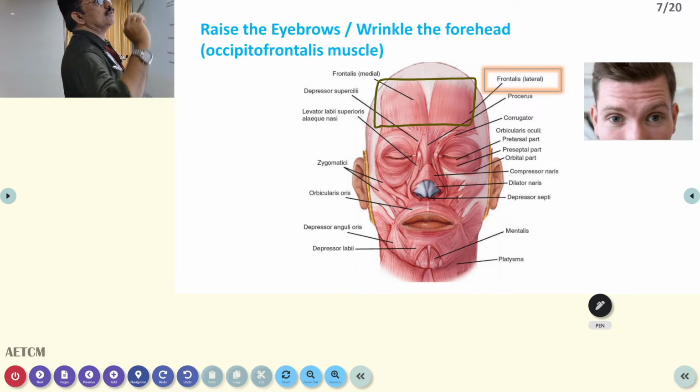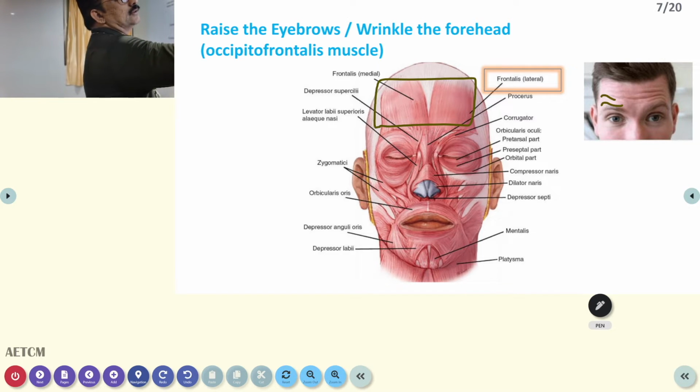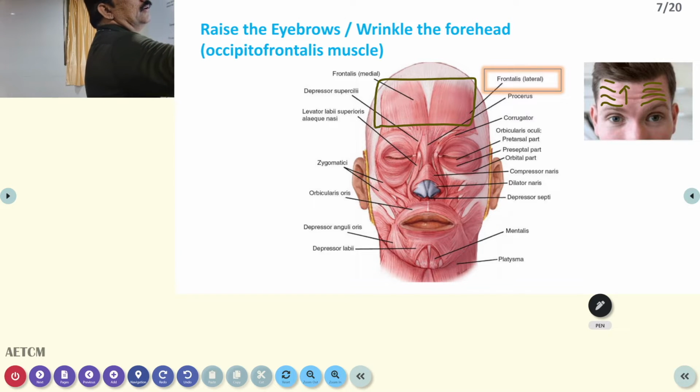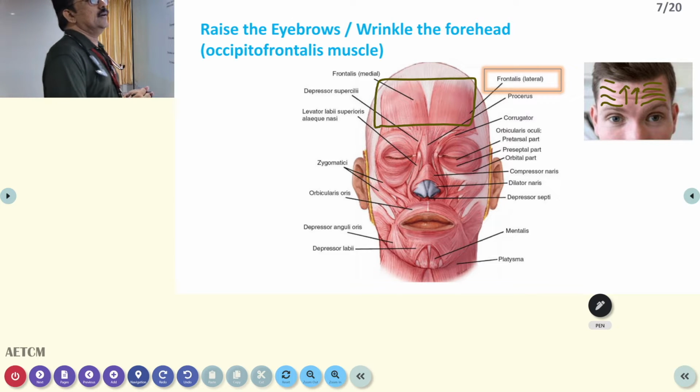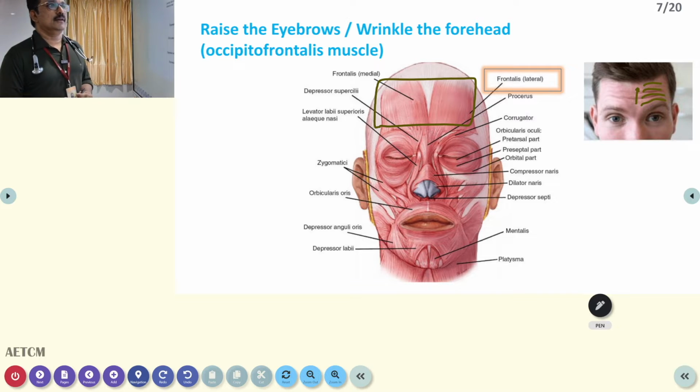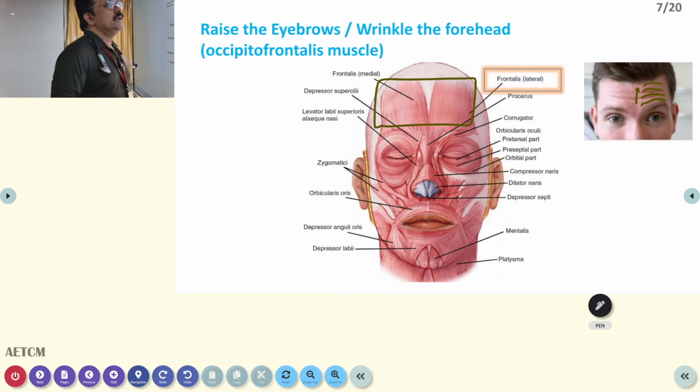So, ask the patient to look up. You can see the wrinkles on the forehead. That is a normal function: whenever the muscles are contracted, you can see the wrinkles on the forehead. Suppose one side of the facial muscles is not working, or is weak, facial palsy is there, like Bell's palsy, on that side you will not be able to see any wrinkles.